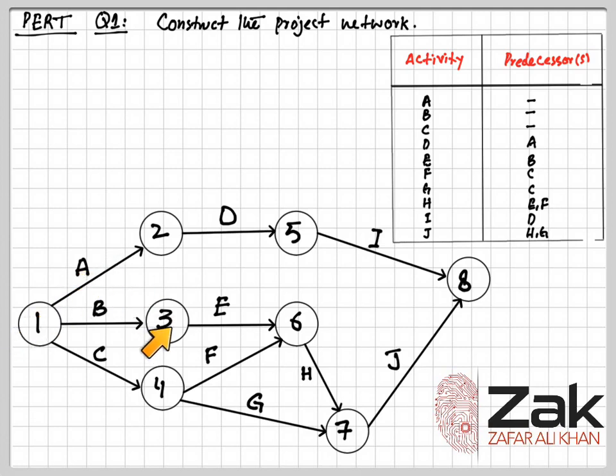Then we would have another node, 3. Activity B will start from node 1 and go to 3, and then activity C starts. All 3 start from the first node because they don't have any predecessor, so they all start together. D starts when A ends. A ends at this node, so we have another node here.